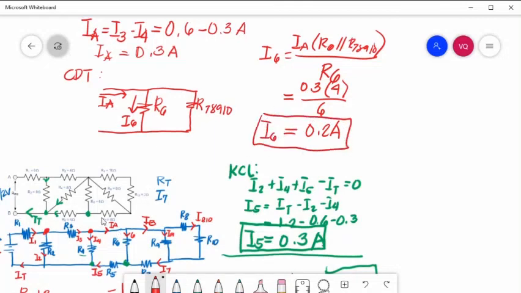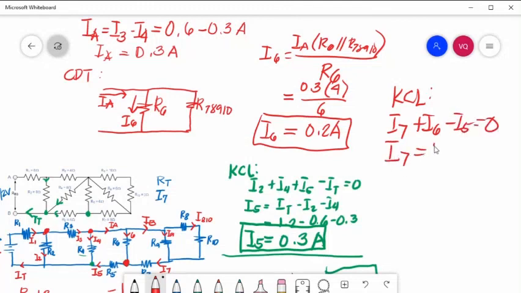Last one, I7. We use KCL again at this node. We already have I5 and I6, so we can easily solve I7 by KCL. I7 plus I6 minus I5 is equal to 0.